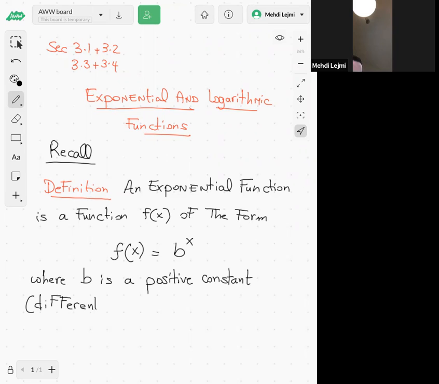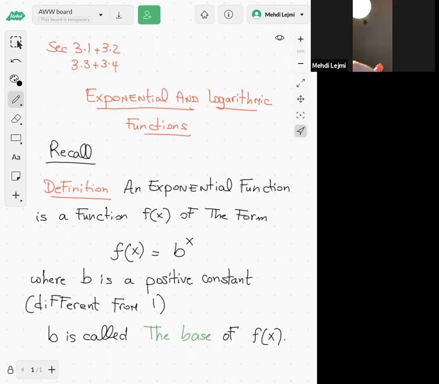This constant b is called the base of the exponential function f of x, right? So you have a constant b to the power x, where b is some positive constant different from 1. That's what I call an exponential function, right?